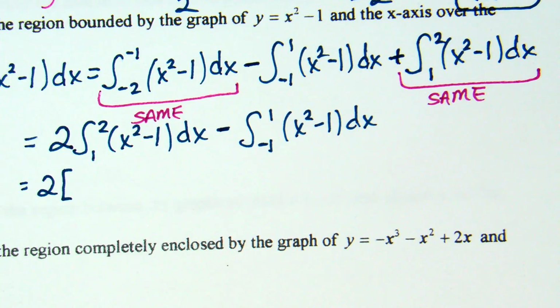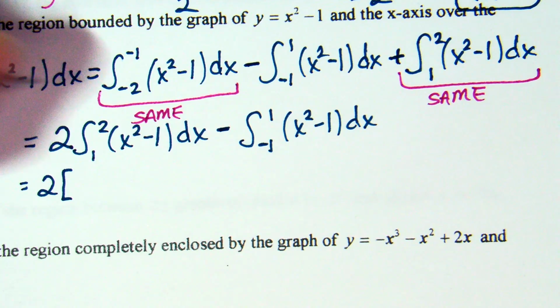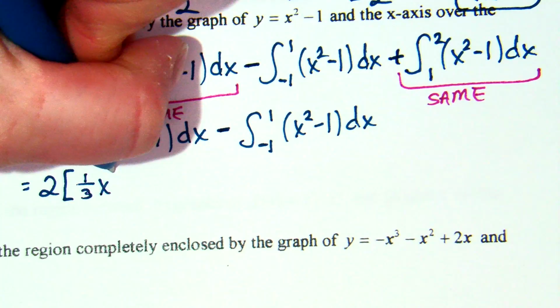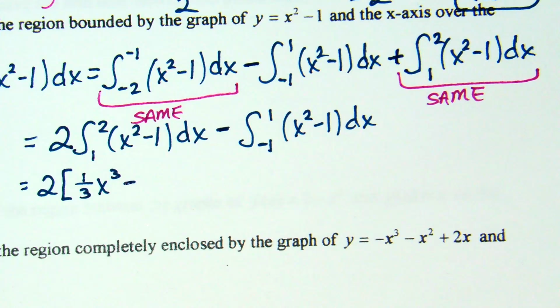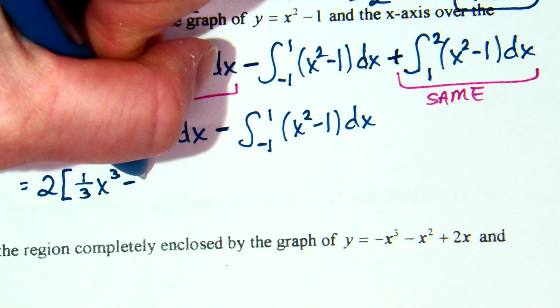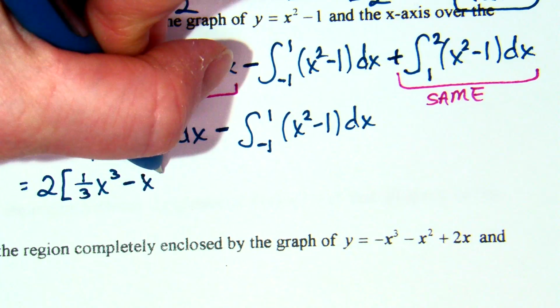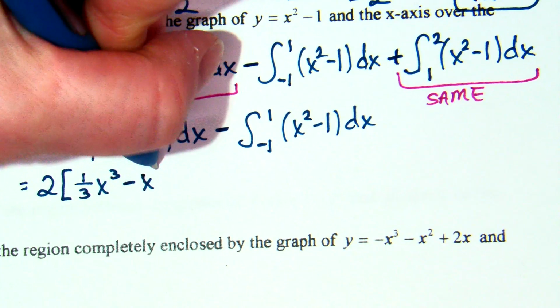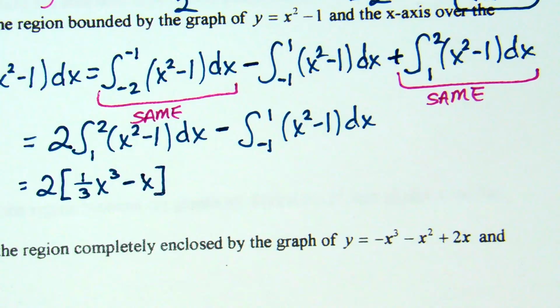So go up powers with integrals. So 1/3 x cubed minus, what's the integral of 1? X. Okay. Nathan's getting all the derivatives out of the way for us. Okay, and this will be evaluated from 1 to 2.